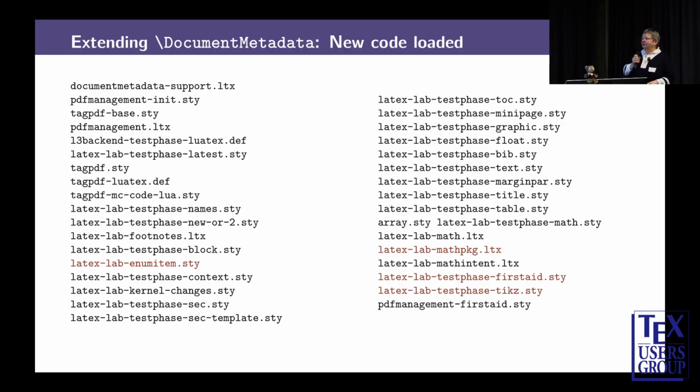The red files here are files that affect, for example, external packages. Enumitem here has an effect on enumitem. The math packages file contains some patches for the mathtools package. First aid has patches anyway, and TikZ is here. There are perhaps also some effects in some other files, but these are the main ones which really affect external packages.